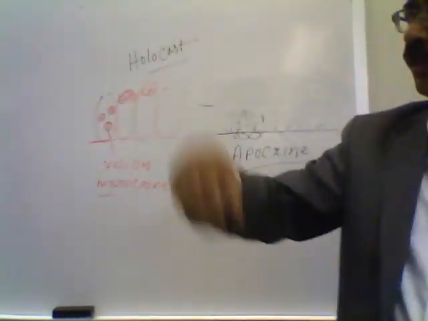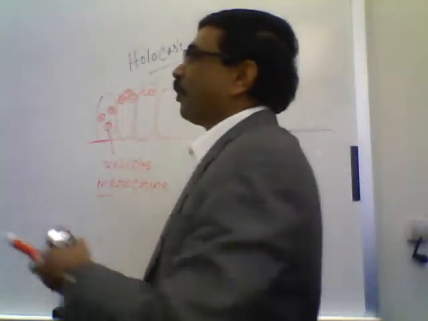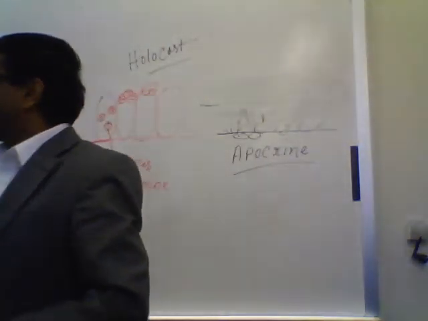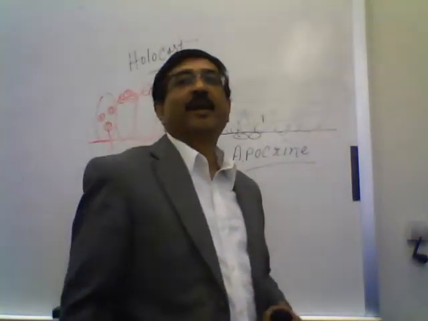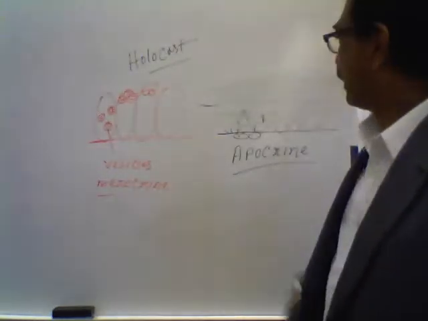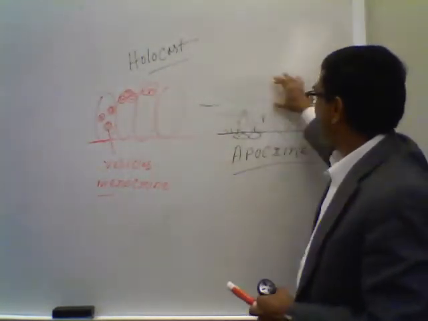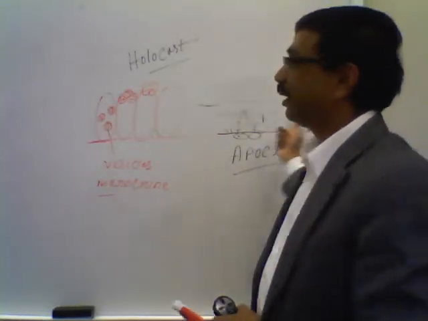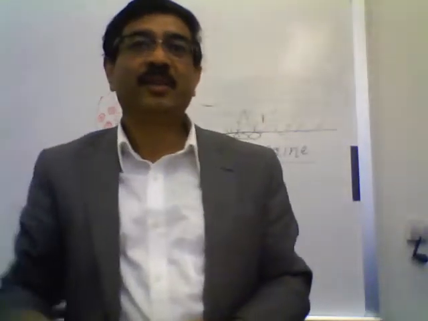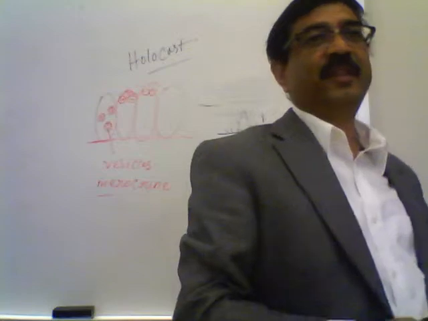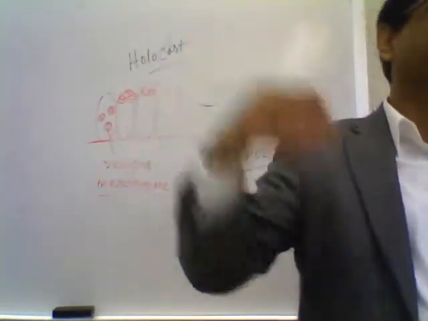That's why they are also known as merocrine. Another type of sweat gland are apocrine. That means what? Only the upper portion, entire upper portion of the cells will be destroyed. That's the apocrine. Right? So apocrine sweat glands, their secretion will be by apocrine way.